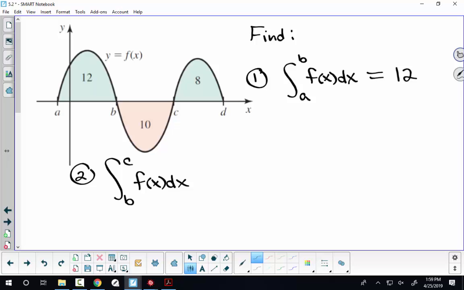Negative 10? I think it's positive 10, right? Negative 10 or positive 10? Well, yeah, it's below the x-axis. Below the x-axis, it's negative 10.